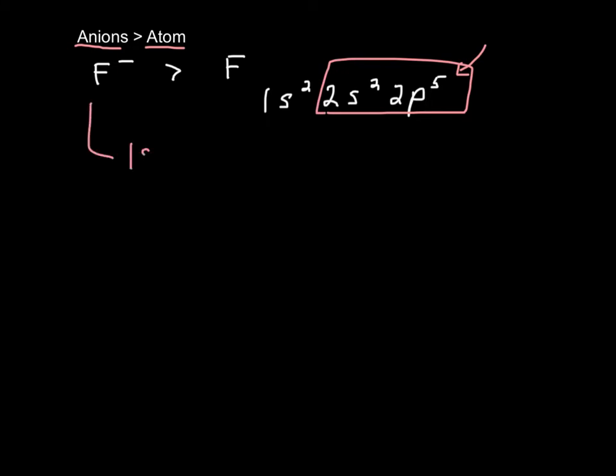So it's going to be 1s2, 2s2, 2p6. Right? It's going to want to become isoelectronic with neon. So why is fluoride bigger then? Well, it's not about energy levels, right? Because they have the same number of energy levels. So we can't use that as a reason.